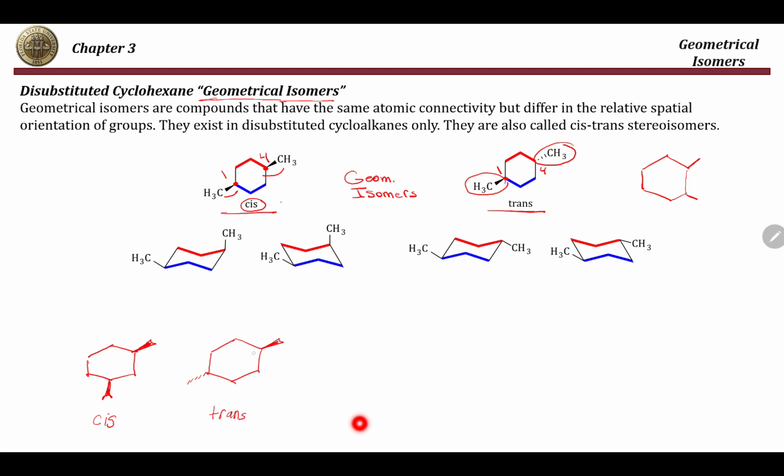However, since in this compound the branches are at 1, 3, and in this one are at 1, 4, the relationship between those two compounds is not geometrical isomers. Those are structural isomers. So keep in mind, whenever you change the position of the branches, then you have structural isomers or constitutional isomers, even if one of them is cis and the other one is trans.